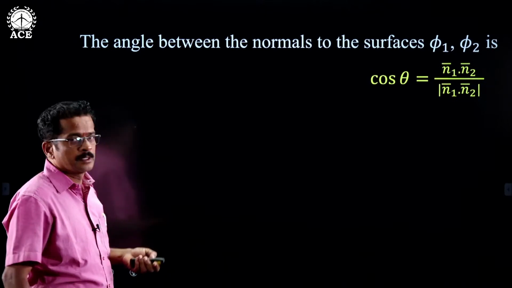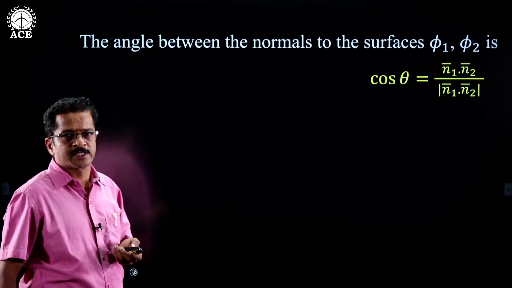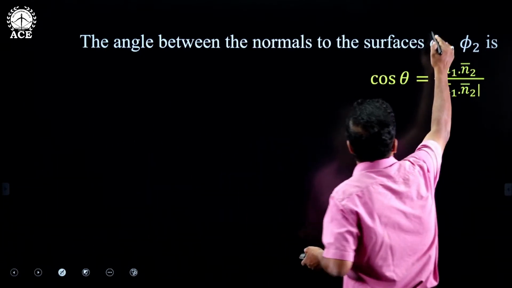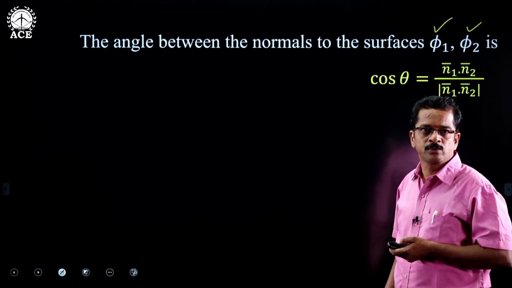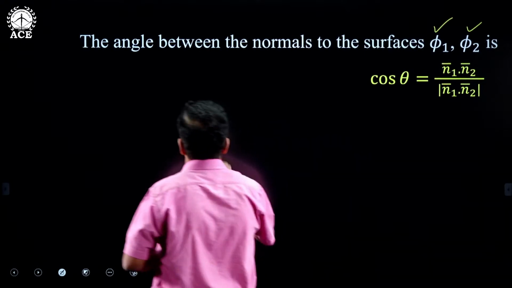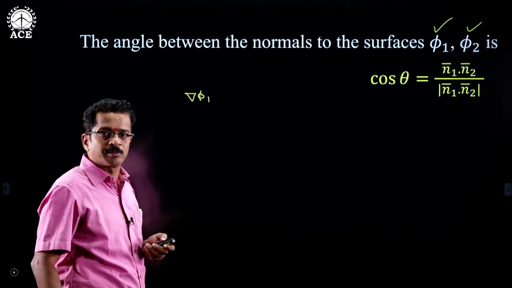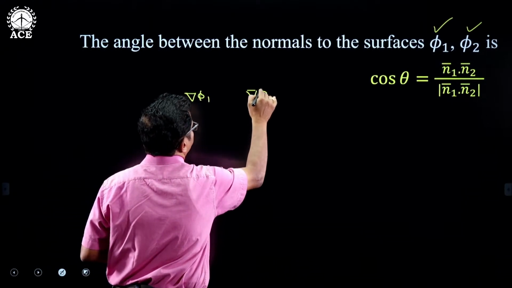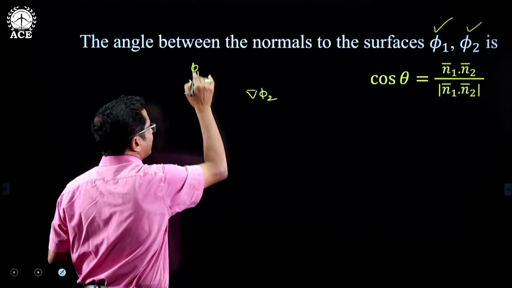Next, the angle between the normals to the surfaces. So we have two surfaces, phi 1 and phi 2, whose normals are del phi 1 and del phi 2. So for the surface phi 1, normal is del phi 1.